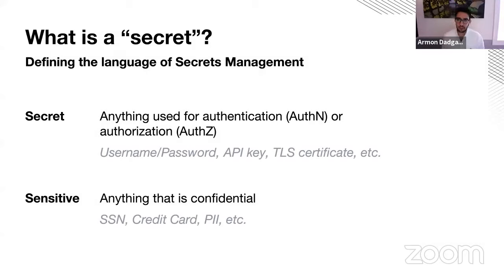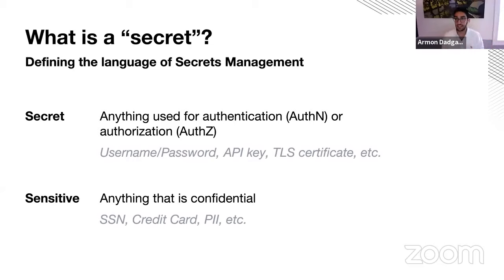So I want to go back to that first use case, which was secret management. When we talk about secrets, I think there's often this question of, well, what are we talking about? What's this domain of, when we say a secret, what's actually under management? And so the language I like to use here is to make a distinction between data that's secret and data that's merely sensitive. So a secret is in some sense anything that can be used for authentication, AuthN, or for authorization, AuthZ.